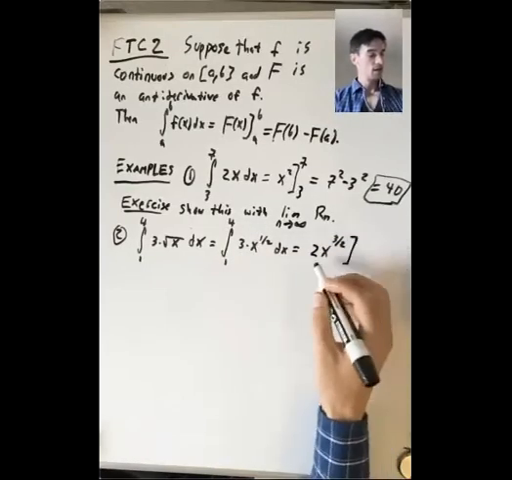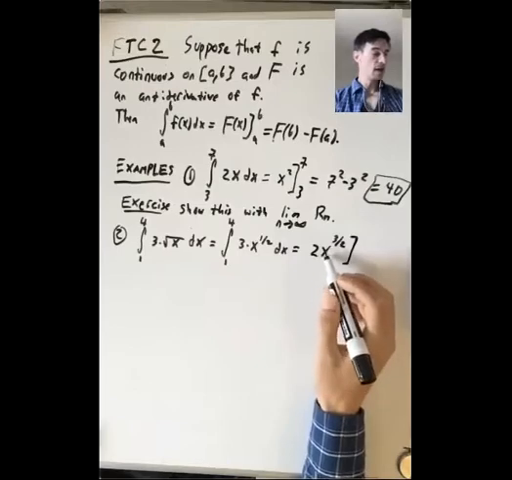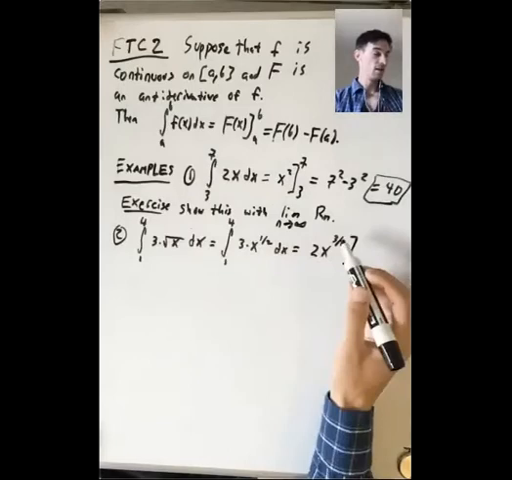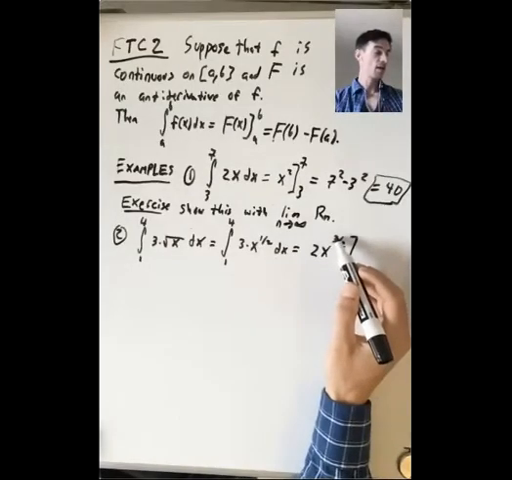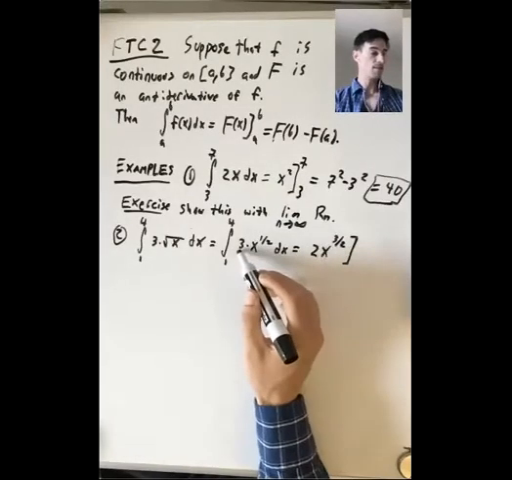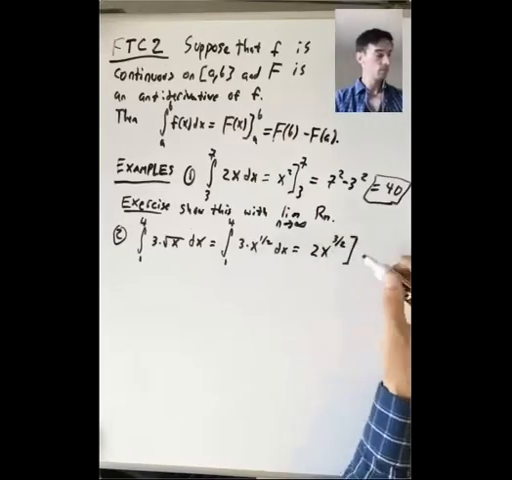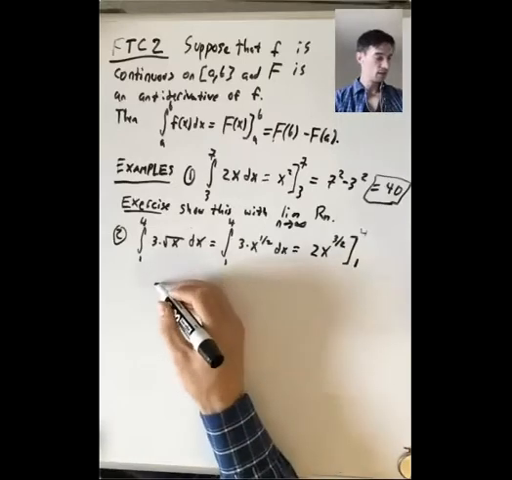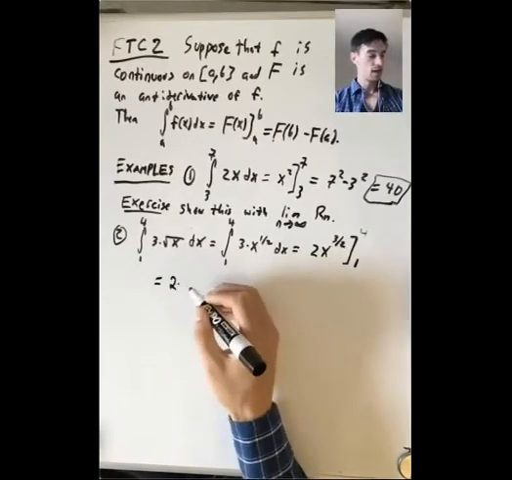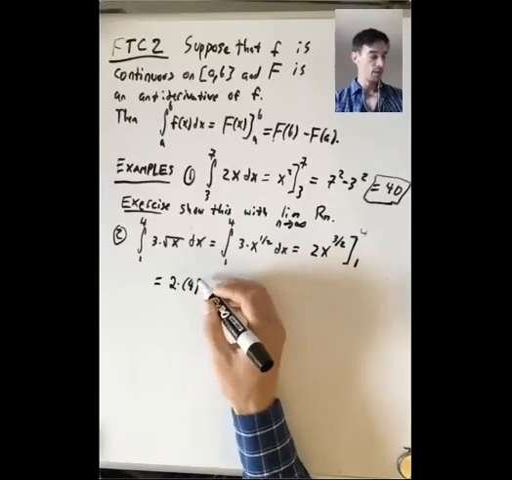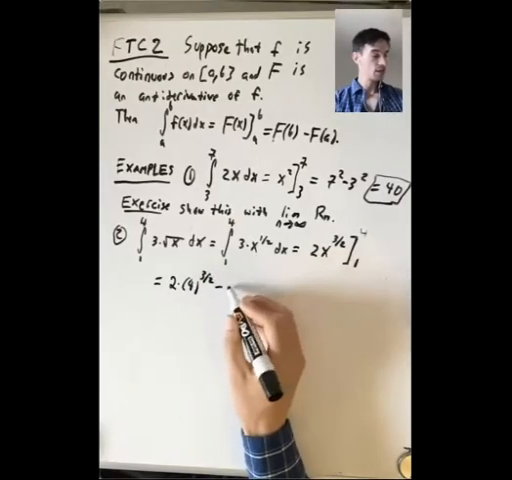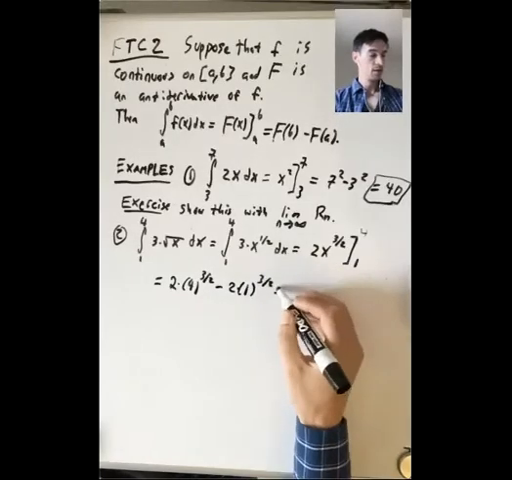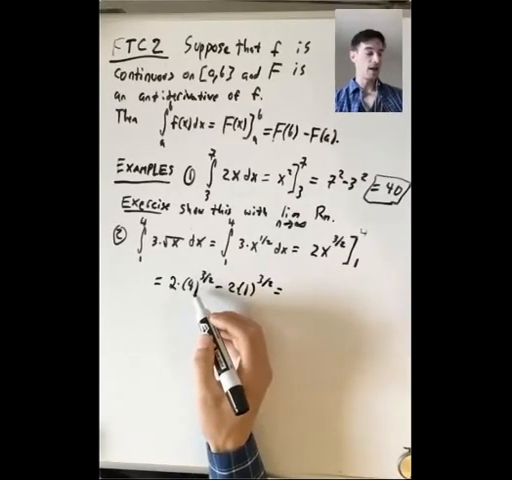So you can check that 2 x to the 3/2 is an antiderivative of 3 times the square root of x. You take the derivative, you get 3/2 times 2, which is 3, times x to the 1/2. Evaluated at 4, evaluated at 1. So what is this? This is 2 times 4 to the 3/2 power minus 2 times 1 to the 3/2 power. What does it mean to take something to the 3/2 power?